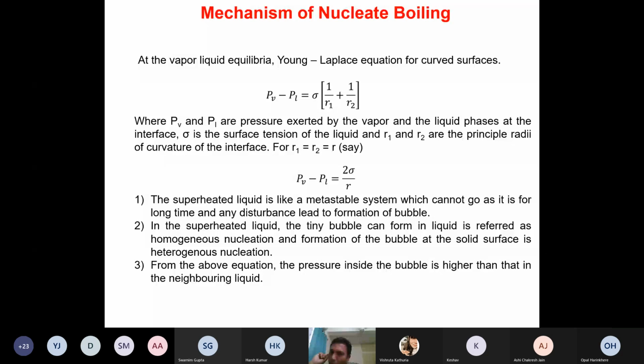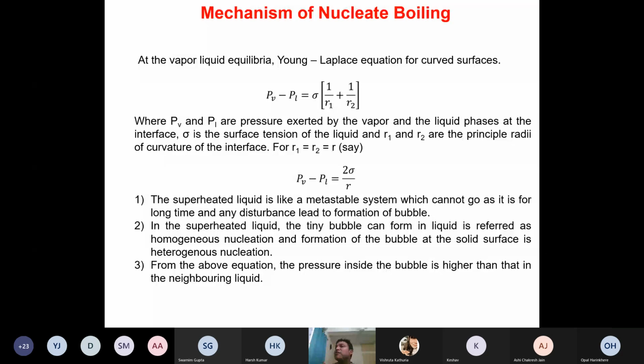Again, in this case, we are trying to find out the amount of superheat required for homogeneous nucleation. Of course, a lower value of superheat is required for the formation of the bubble in heterogeneous nucleation. So what is homogeneous nucleation?